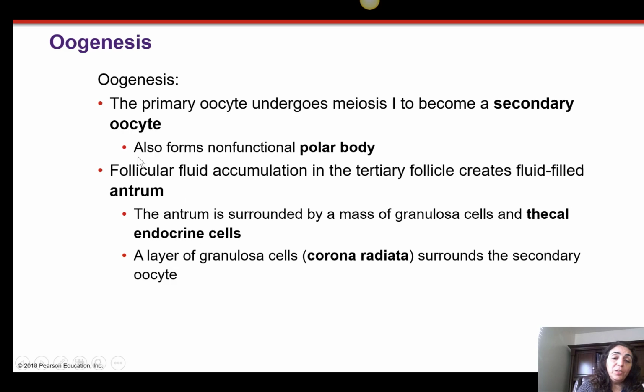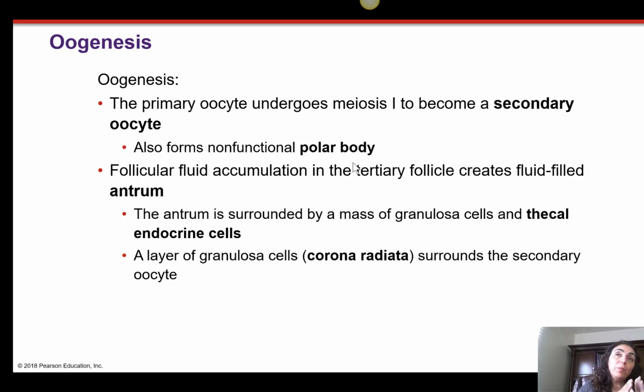Also, when the first meiotic division happens, we have a non-functional polar body, because here we have the first difference between meiosis in the male and the female. In the male, when the primary spermatocyte divided, it made 2 secondary spermatocytes, right?